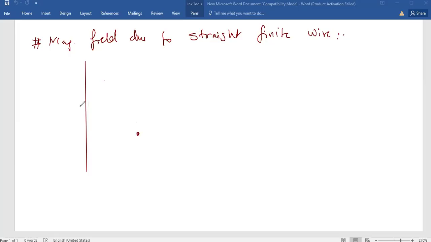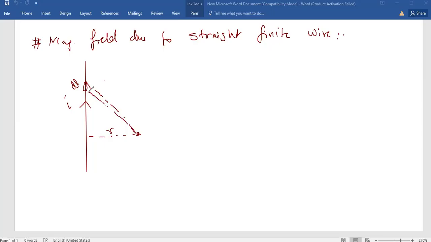Here current is I. Let us take this as the point of observation and the perpendicular distance is, let's say, R. Now we want to calculate the magnetic field here. Technically speaking, we have to use integration. We will take any random small element and join it like this.